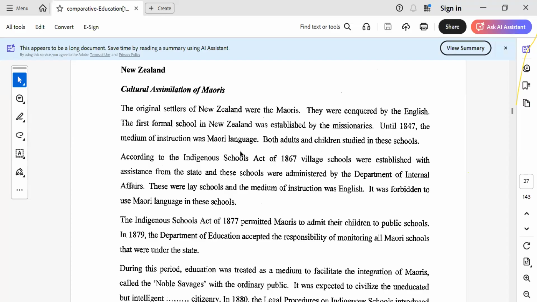So the Indigenous School Act 1877 permitted Maoris to admit their children in public schools. And in 1879, the Department of Education accepted the responsibility of monitoring all Maori schools that were under the state. So in Sri Lanka also, there are a lot of missionary schools and private schools. So later, the state government took all the private schools under their system, right? Likewise, even here, the Maori schools are monitored by the state.